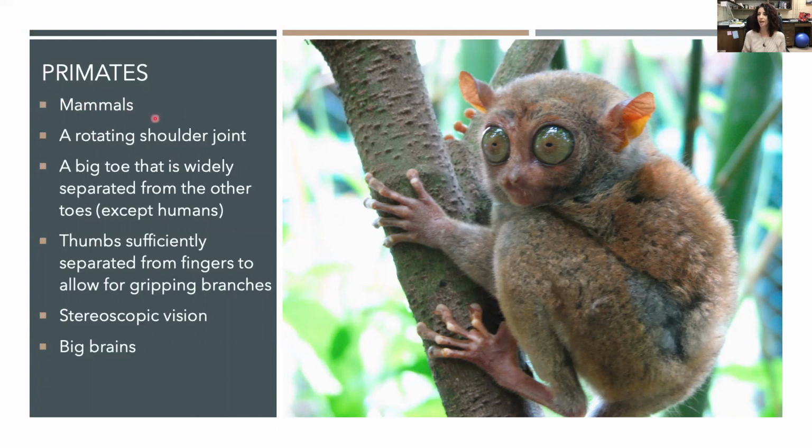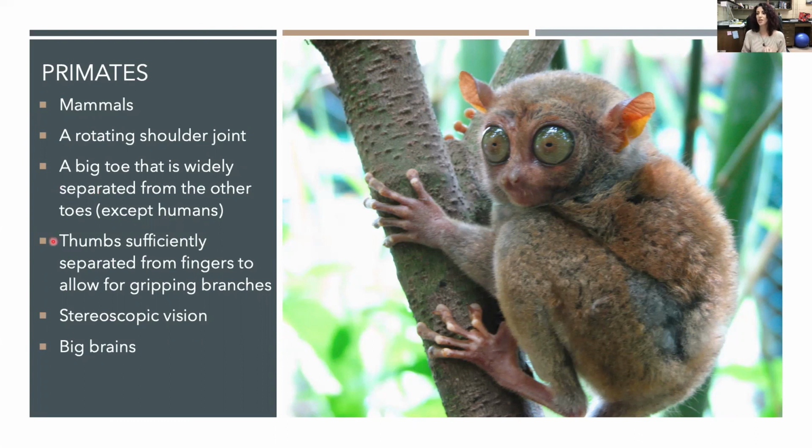So first of all, they have a rotating shoulder joint, which allows easy grasping and holding on to tree trunks. A lot of the primates have a big toe that is widely separated from the other toes, with the exception of the human primates. We do not have that feature.